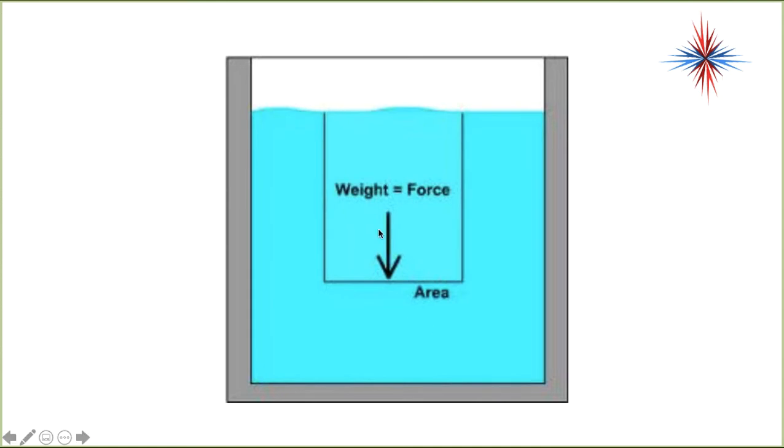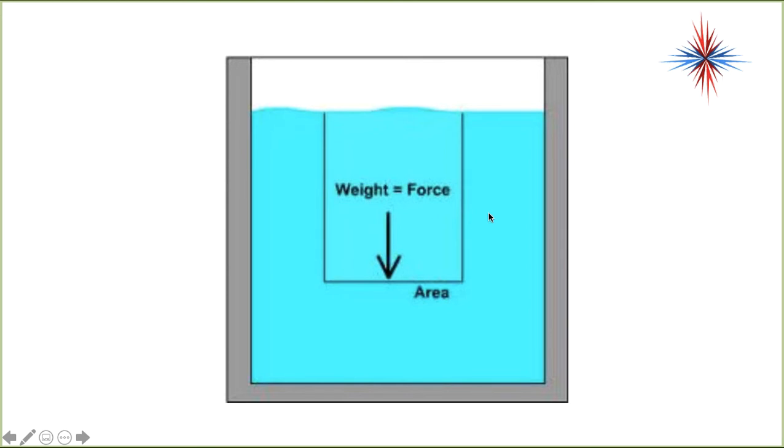So again, we have weight, which is force, being pushed down into this bucket of water, and then we have the area. Pressure works at right angles. My pressure is down here. Pressure could also be outwards at right angles, from left to right.